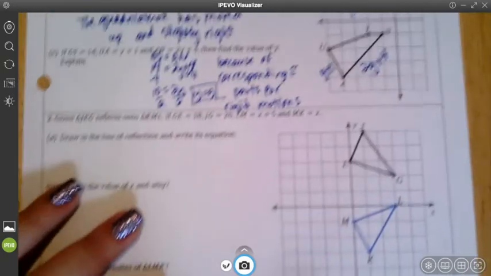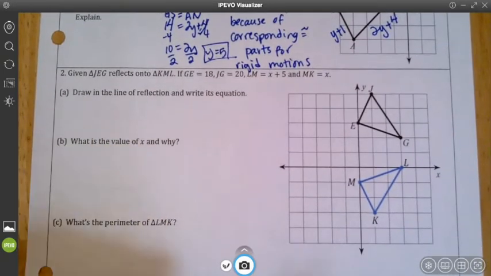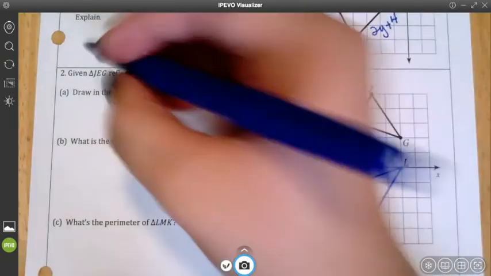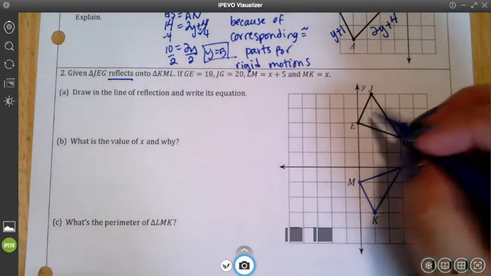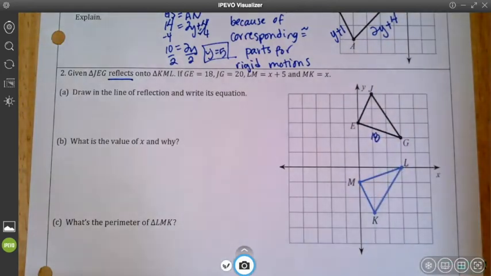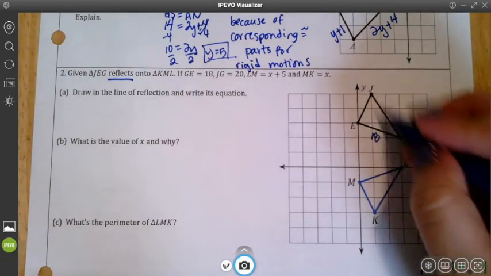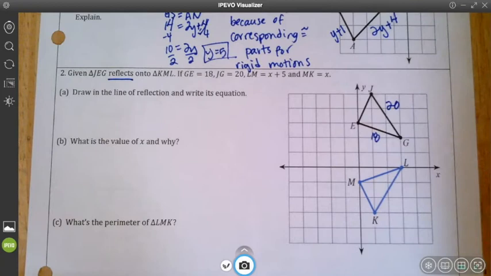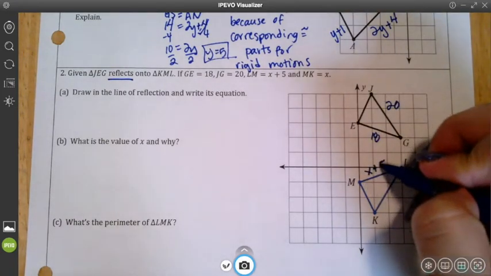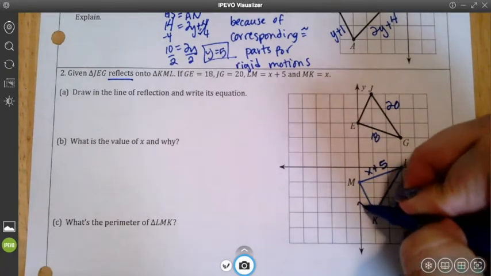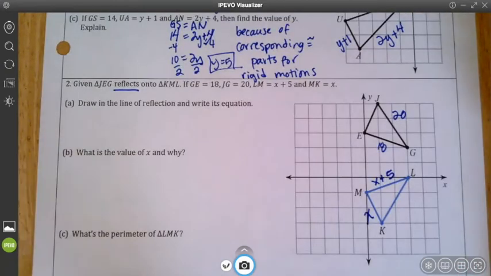In the next one, we have a triangle JEG reflecting onto KML. If GE is 18, JG is 20, LM is x plus 5, and MK is x, draw in the line of reflection and write its equation. So remember I said in order to find the line of reflection, we look halfway between the points.